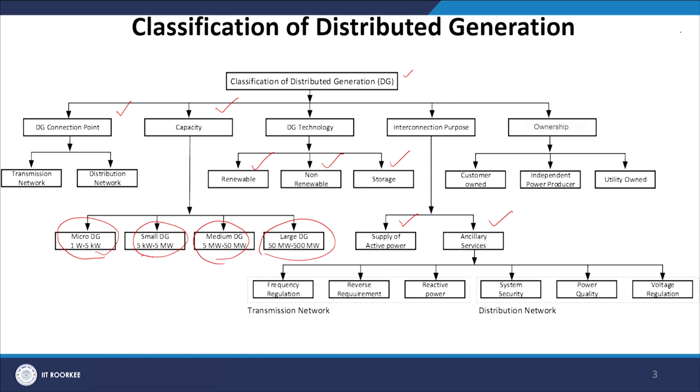Ancillary services further are of different categories: frequency regulation, reserve requirements, reactive power requirements, system security, power quality, and voltage regulation. And finally, based on ownership, we have customer owned distributed generation, independent power producer, that is IPP based DG, and finally utility owned. So this is the whole classification of distributed generations.